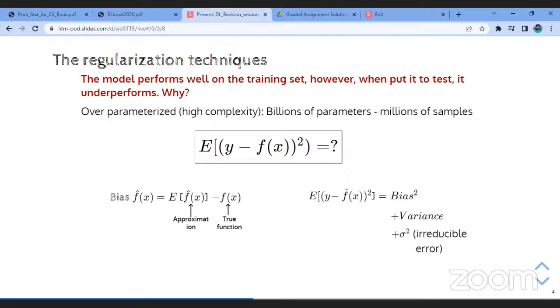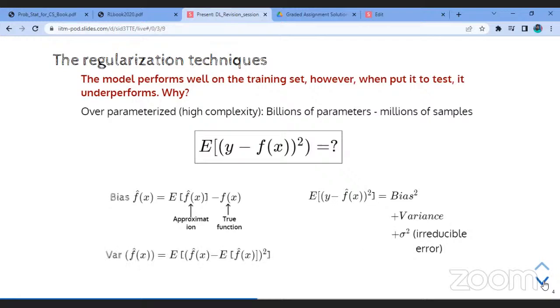We don't have these probability density functions for my samples. So again, we are estimating this expectation. I try to measure how far my approximation deviates from the original, so we are comparing the true function and the approximation in computing bias.